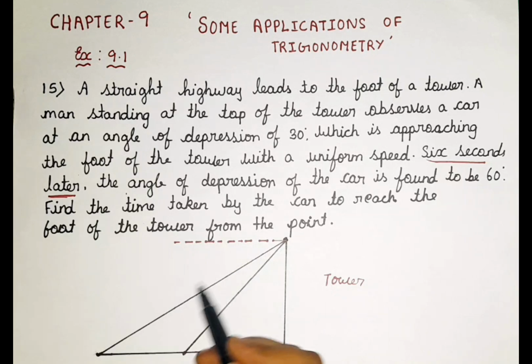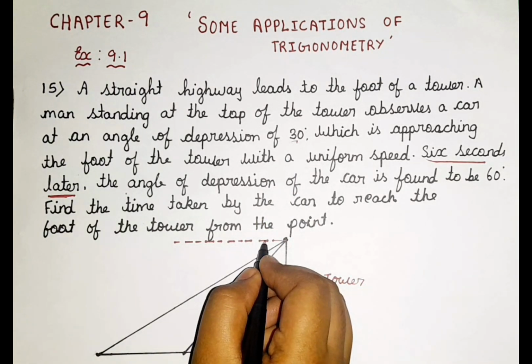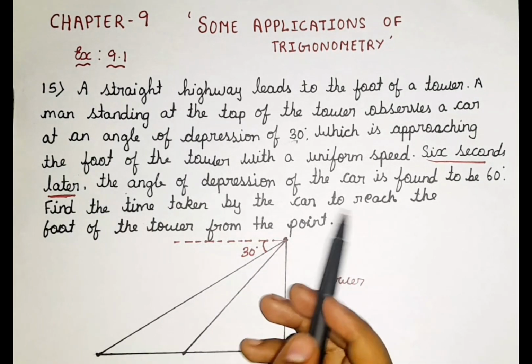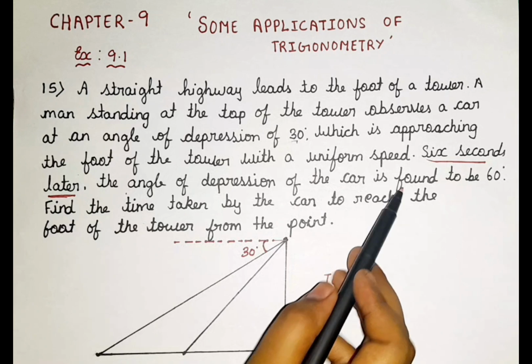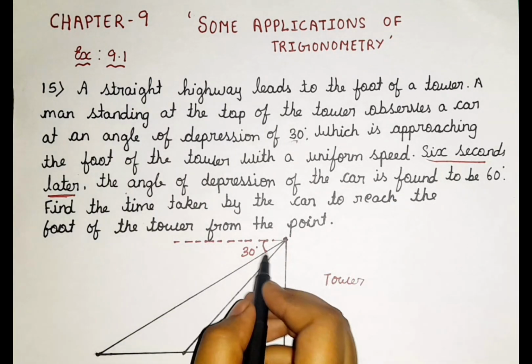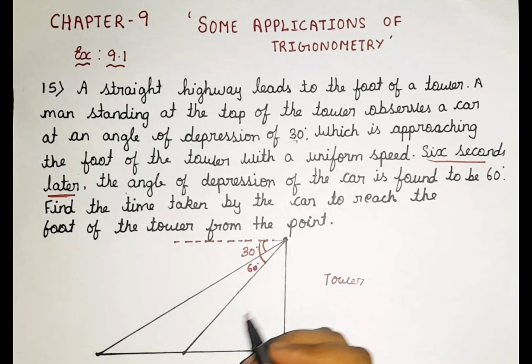So first when we drew the angle of depression, it is 30 degrees, isn't it? Then here it's going to be 30 degrees. And then the angle of depression of the car is found to be 60 degrees. So that means here this complete angle is 60 degrees. This is the meaning of the angles.